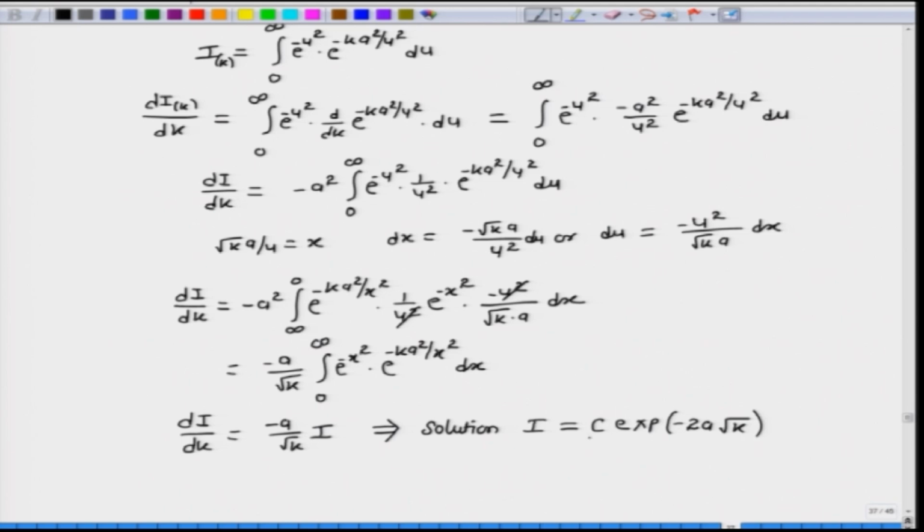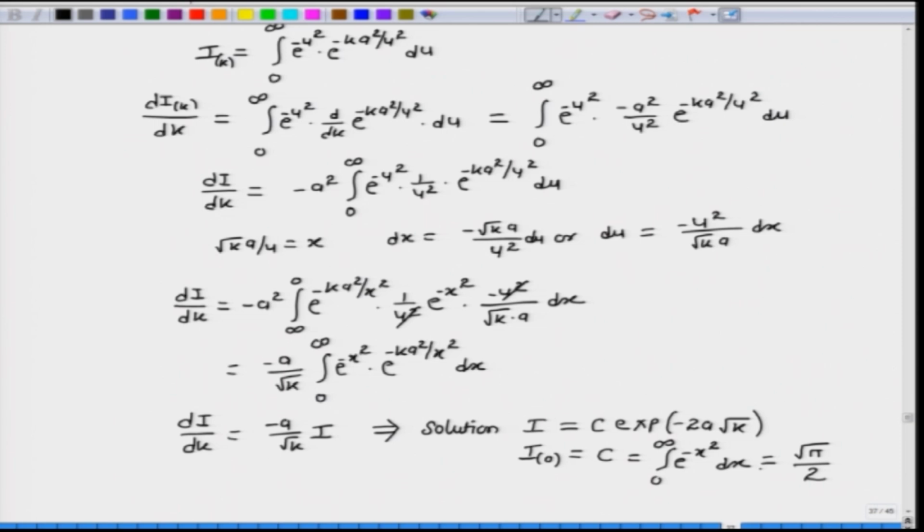Now, to evaluate c, if we substitute k equal to 0, then I of 0 is equal to c, but if we substitute in the integral, it is the integral from 0 to infinity of e to power minus x square dx, which should be equal to root pi by 2. 2 over root pi times integral 0 to infinity e to power minus x square dx is nothing but the error function of infinity, which is unity. So, the value of this integral becomes root pi by 2.